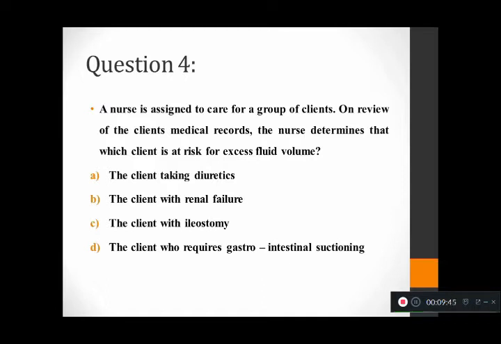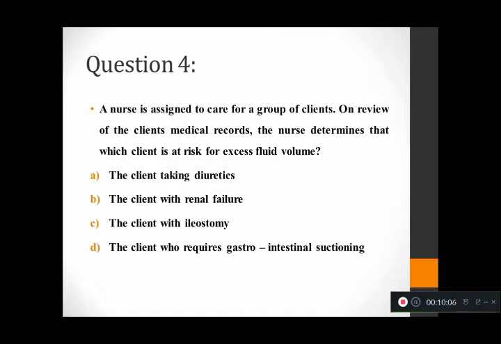The options given below: the client taking diuretics, the client with renal failure, the client with ileostomy, the client who requires gastrointestinal suctioning.